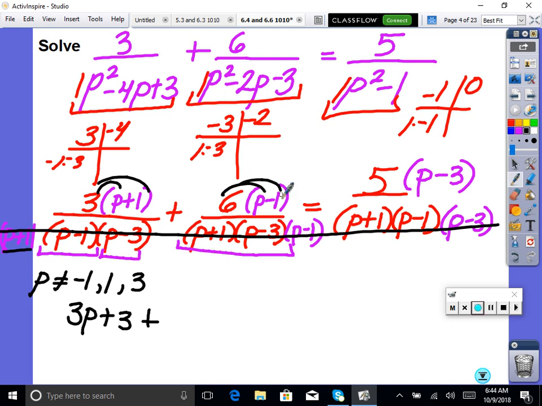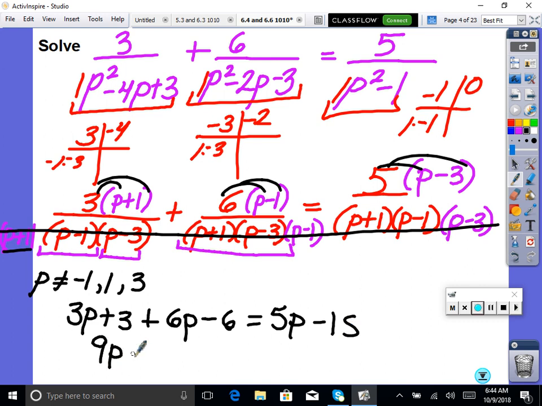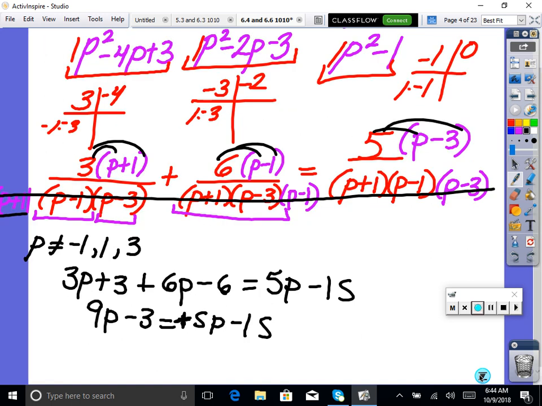So then we have plus 6p minus 6 should be equal to 5p minus 15. And then solve. So combine like terms. So that's 9p minus 3 equals negative 5p. No, that's not a negative 5. Positive 5p, my bad. Minus 15. So then combining our p's. Yep, 4p.